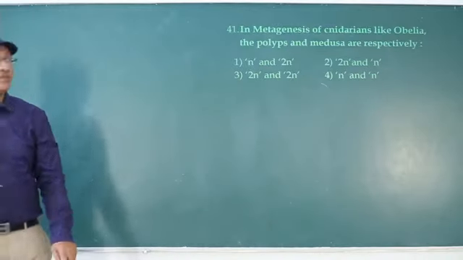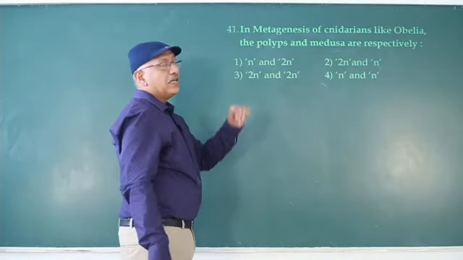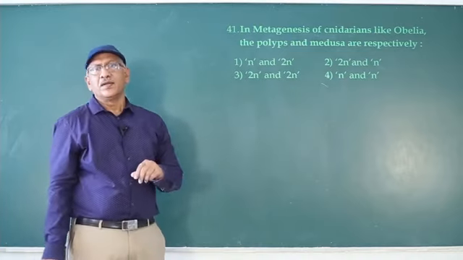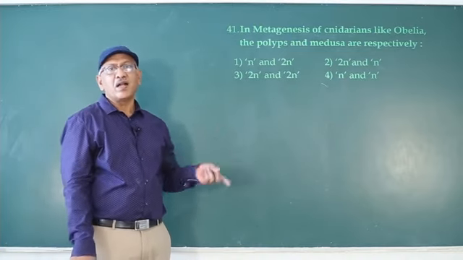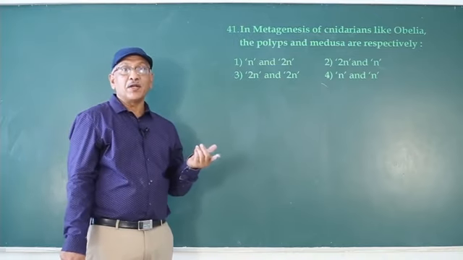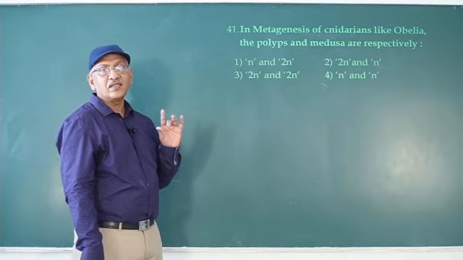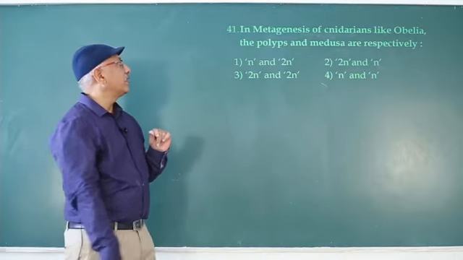Next question. In metagenesis of Cnidaria, what is metagenesis? Another name for metagenesis is alternation of generation. In the life history, if asexual reproduction alternates with sexual reproduction, it is known as metagenesis or alternation of generation.